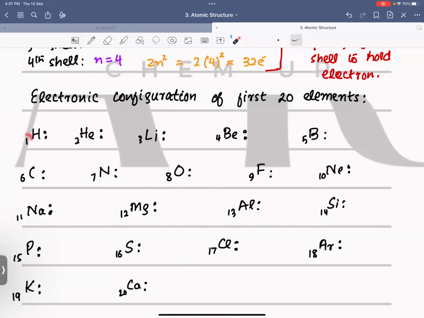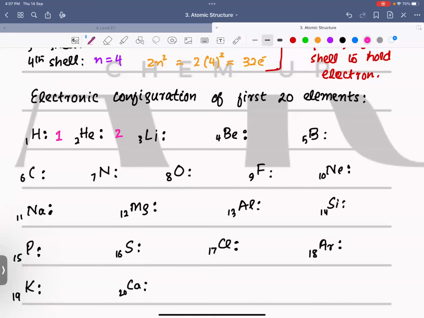If the number of protons is 1 and there is no charge on it, it means the number of electrons is also 1. So its electronic configuration for hydrogen is going to be 1 only.